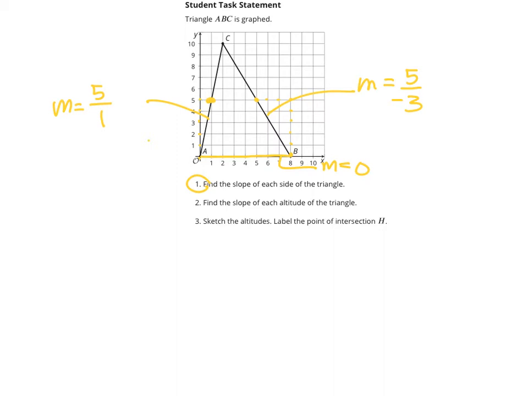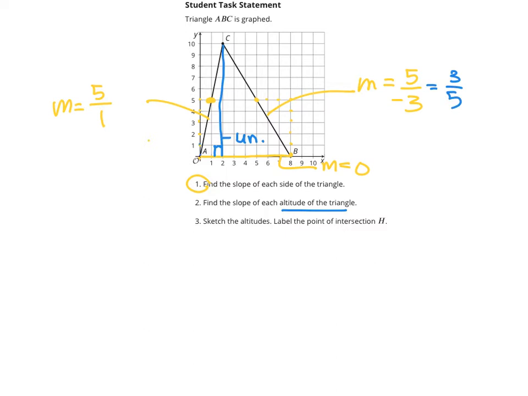Now it says find the slope of each altitude of the triangle. Okay, my altitude is going to come down here at a right angle. So the slope of this one is a slope of 0. Nope, a slope of undefined, sorry. Okay, the altitude is going to be, let's see, what I'm going to do here is opposite reciprocal, so positive 3/5 is going to be my slope.